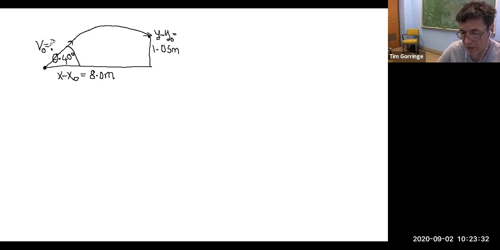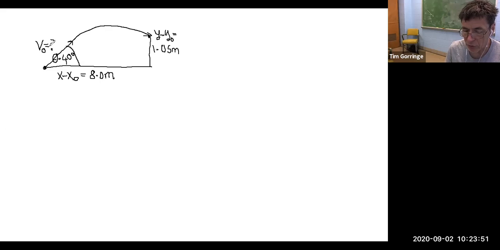We're going to write down an equation for the vertical displacement of the ball for the trip in terms of the speed that the ball was thrown at. And then based on those equations, we'll solve for the speed.